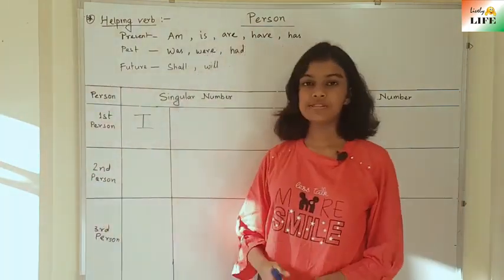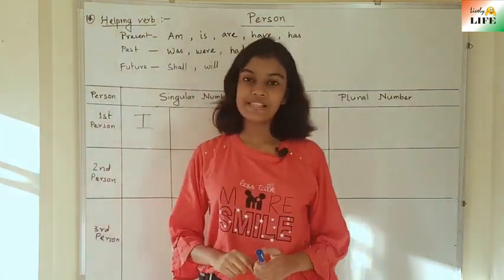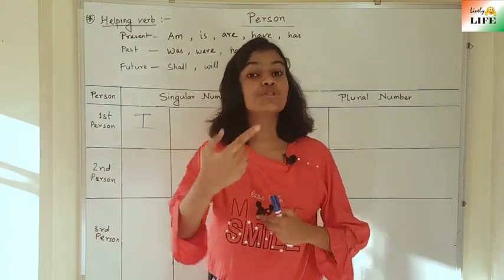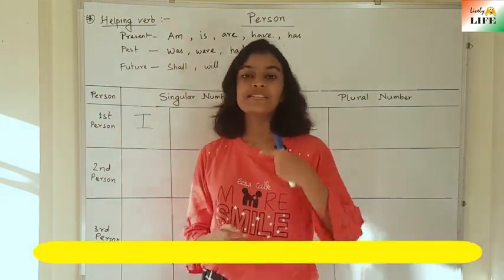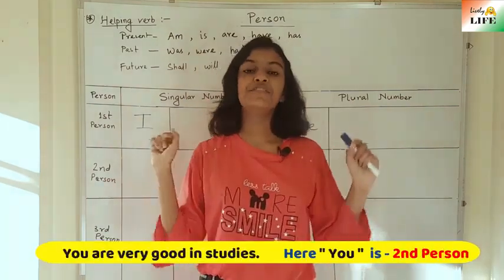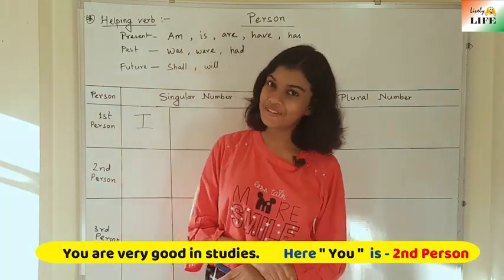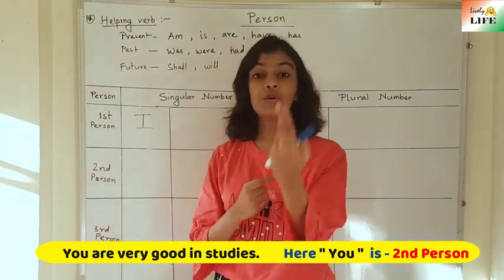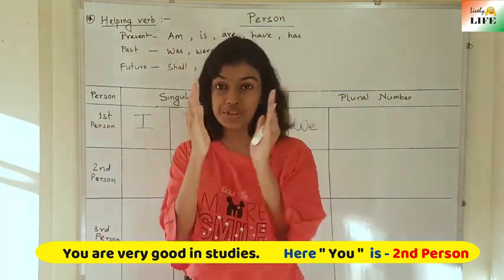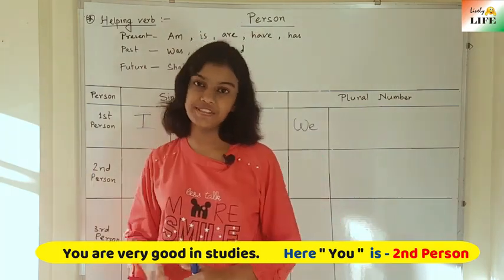Now the second person. Second person means I am talking to you about you. Suppose I'm telling you are very good in studies. So here you, I am talking to you about whom? About you. So you is the second person.